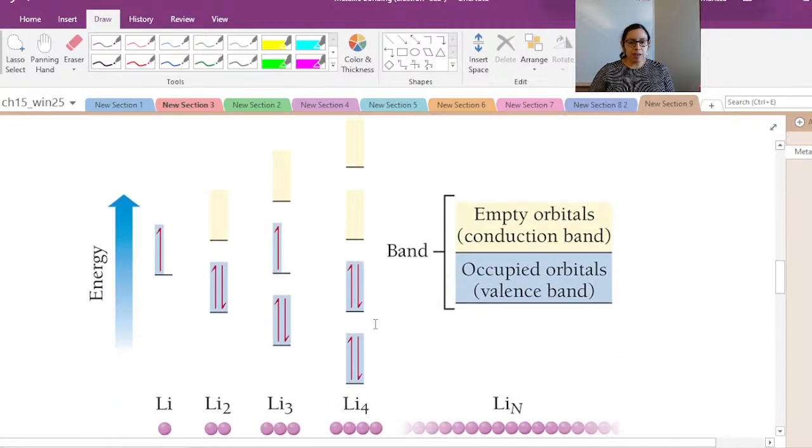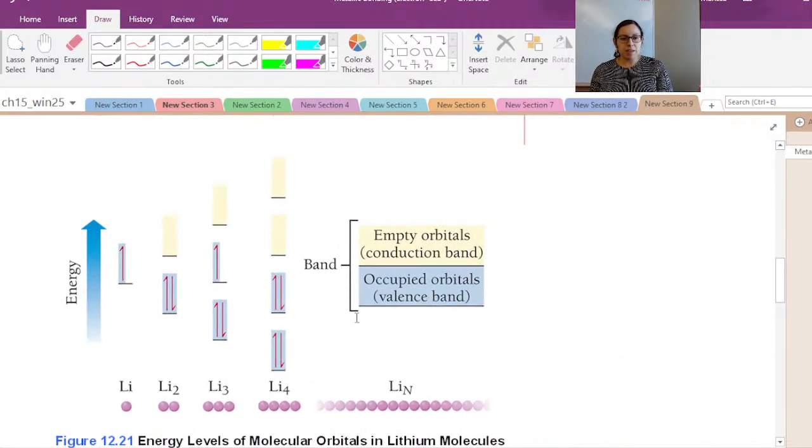And so now we can get into, again, kind of the basics. Basically, we have what's called our band gap. You're always examining your HOMO-LUMO gap, your highest occupied versus your lowest unoccupied.